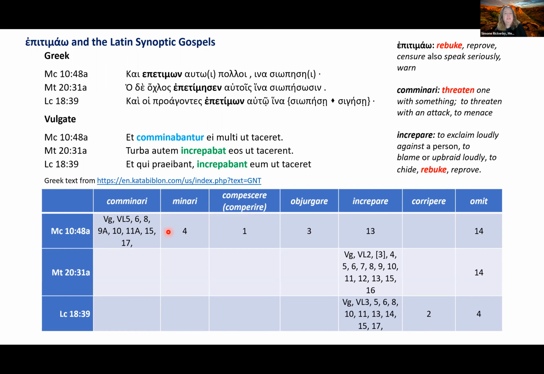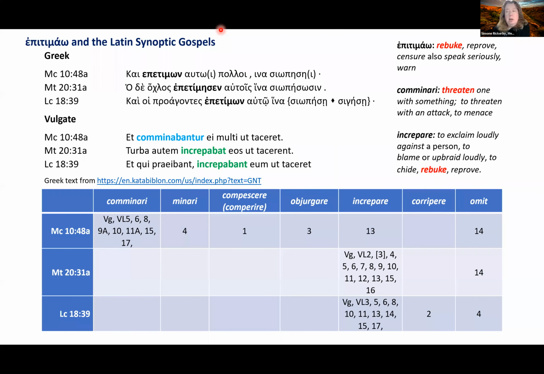So obviously, VL1 and VL3 are doing something different to what's happening in the rest of the manuscript tradition, but I would also point out that even though they are doing something different to comminari, they are not using increpare like we find in Matthew and Luke.